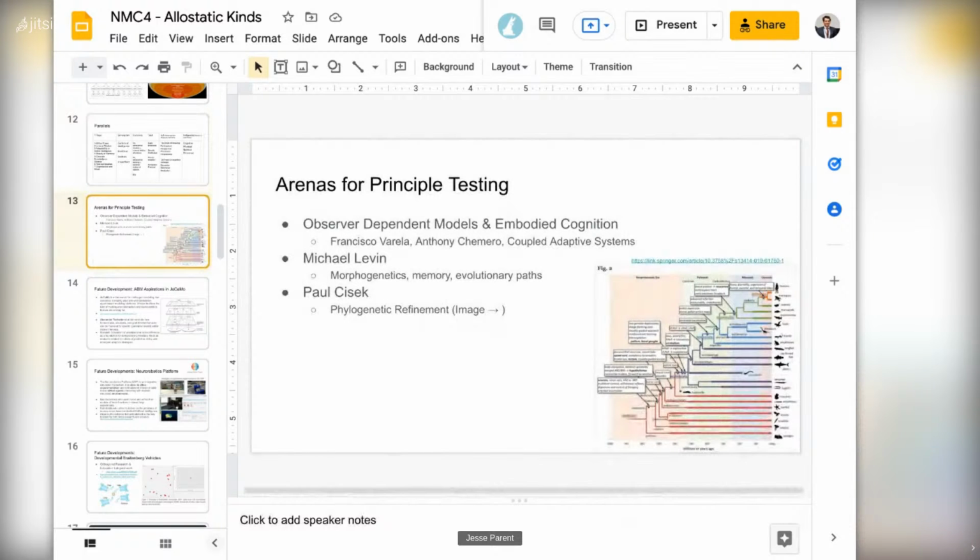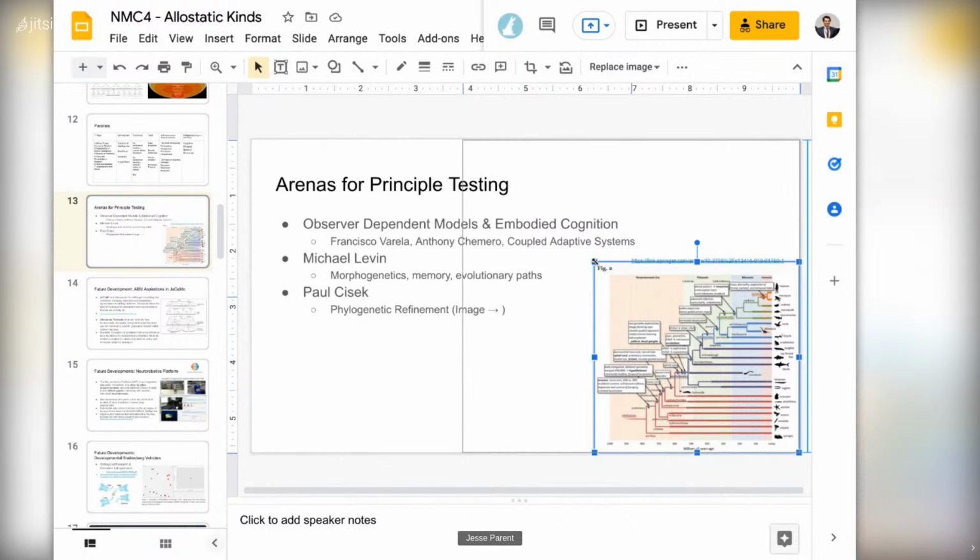Some arenas for testing out these principles might be observer-dependent models or embodied cognition in the very broad sense. A lot of Michael Levin's work in morphogenetics comes to mind, memory, evolutionary paths, and Paul Cisek's phylogenetic refinement. It's very interesting to look at how these kinds may be playing out over anatomical developments over history.